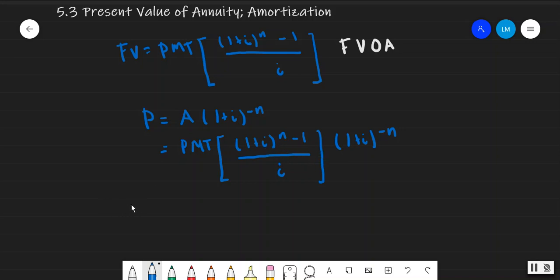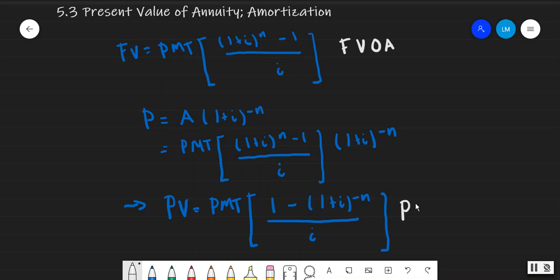So we end up with, and we'll call this PV, PV equals a payment multiplied by 1 minus 1 plus i to the negative n, and all of this is divided by i. This is what I call the present value of an ordinary annuity.